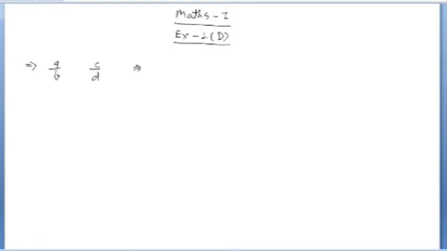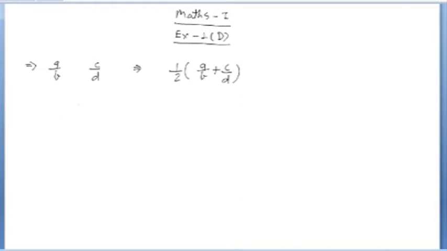The method is to add these two rational numbers, a by b plus c by d, and divide it by 2, that is 1 by 2. By solving this we'll get a rational number between a by b and c by d.